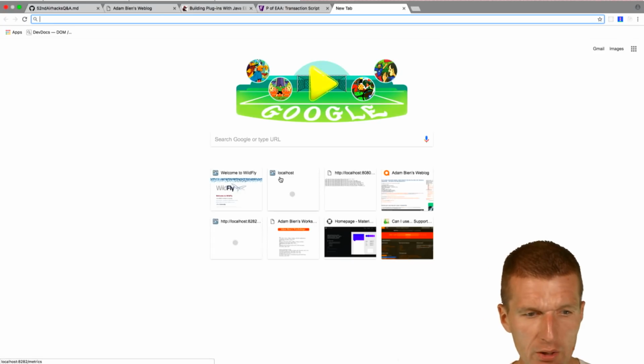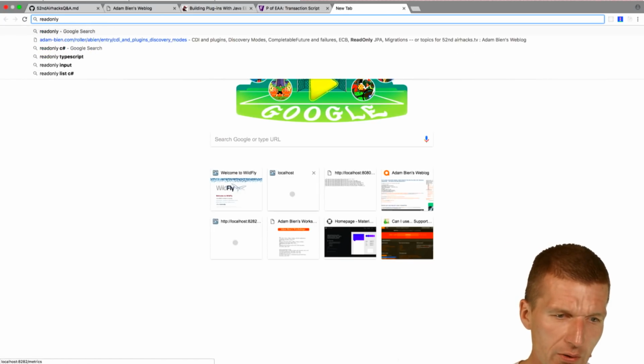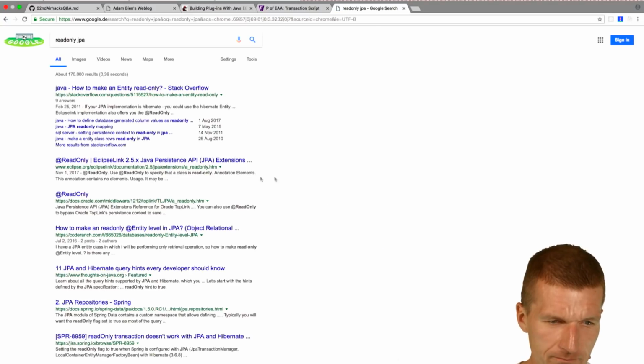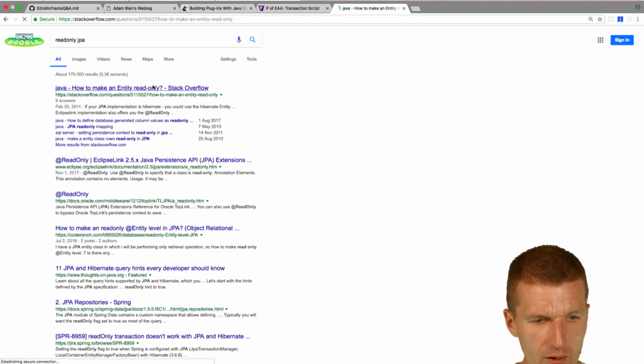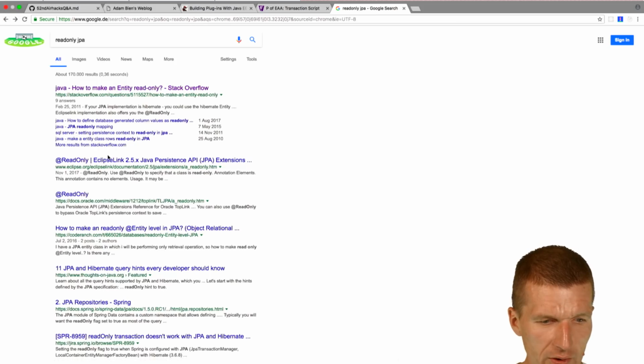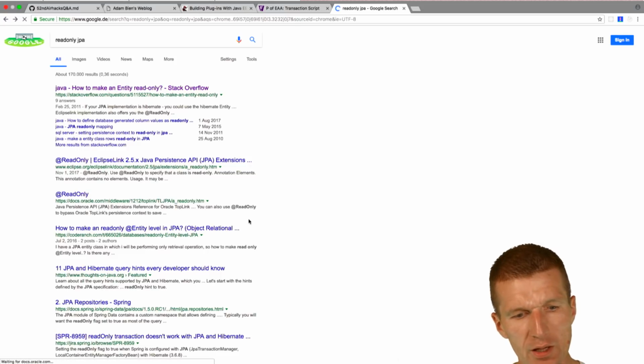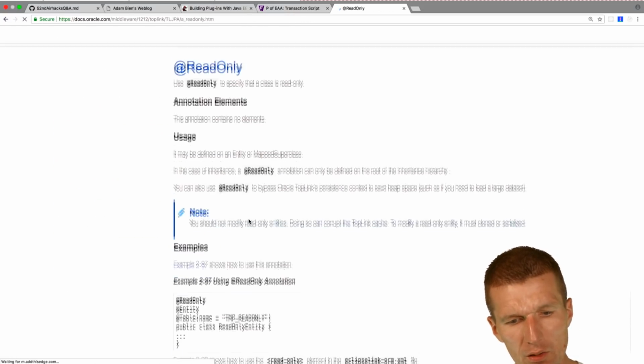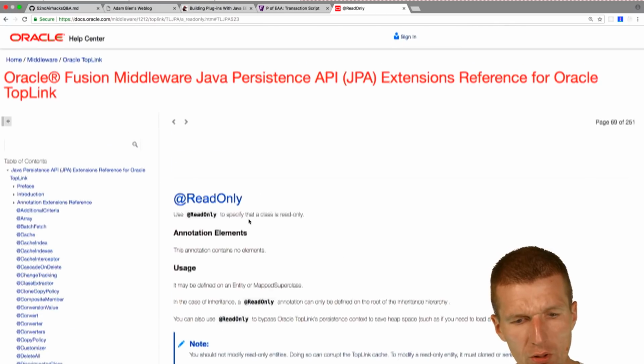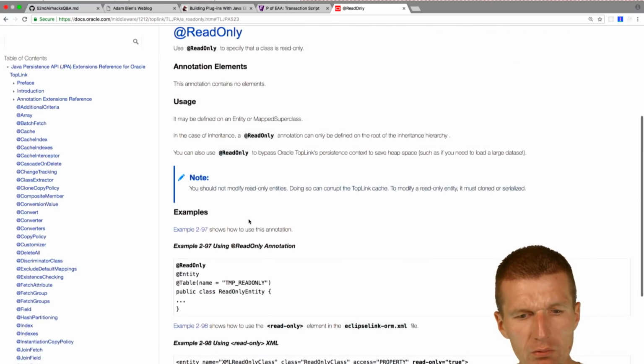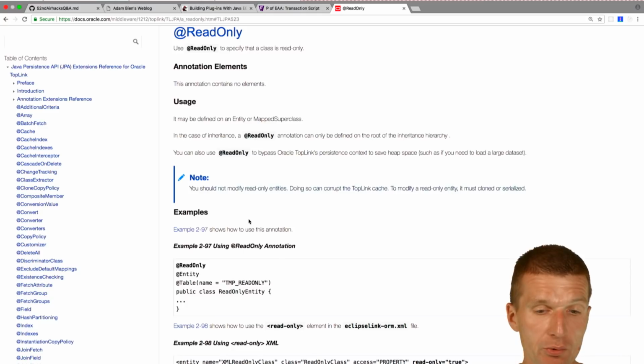But what's possible, I think, is a read-only annotation, and not in JPA, it is in EclipseLink. It has read-only. And read-only was used for performance reasons. You think about this, why?